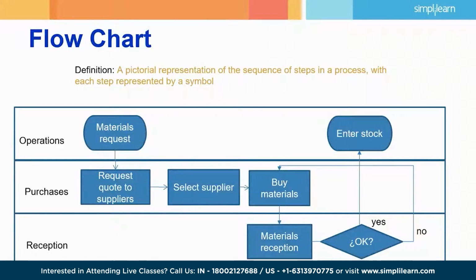So this way you can see if there are problem areas or inefficiencies, or if you have redundancy, if you have recycling, if there are gaps between the as-is and the ideal. So flowcharts are very useful for you to see what's going on in your process, and they also help you to standardize how work is done.